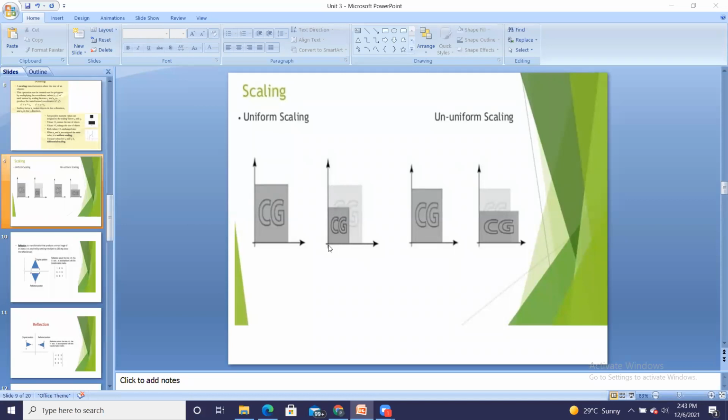So this is the resultant object where the length and breadth are half of the original object. And that's why we can say Sx is equal to Sy is equal to 0.5.